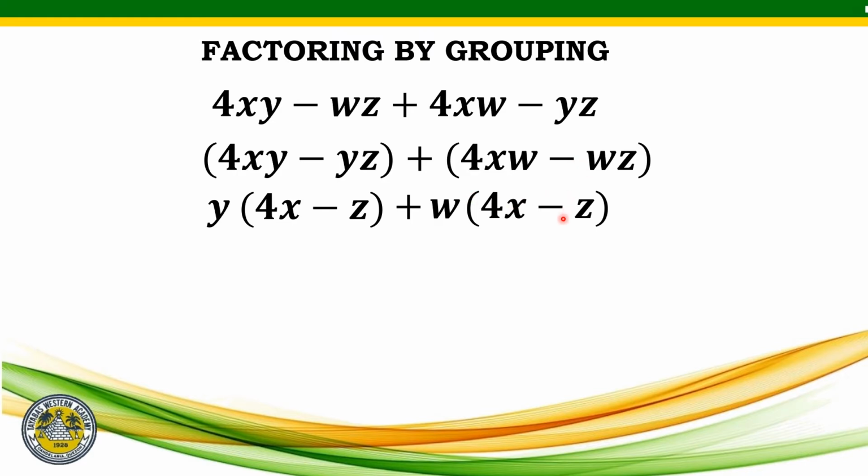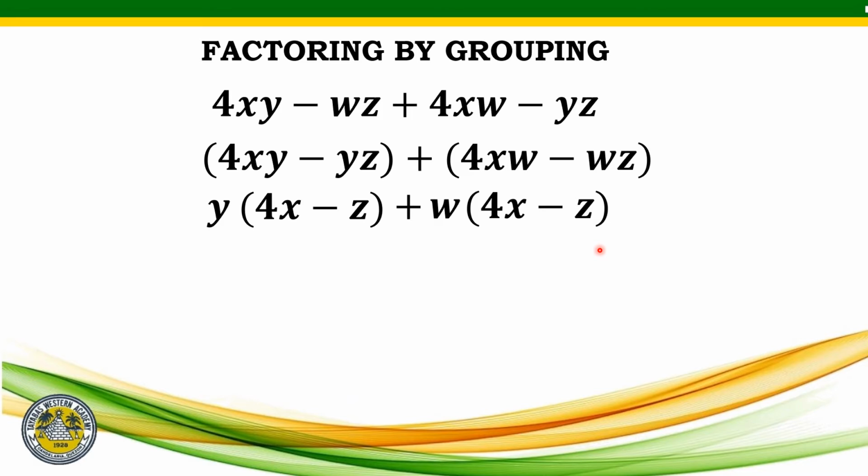Then, bring down the negative sign. Then, yung W divided by W, the same lang din sa kanina, it is equal to 1. And then, Z, bring down the variable Z. Kasi wala tayong i-divide sa labas. So, yung ating pangalawang group is W times the quantity of 4x minus Z.